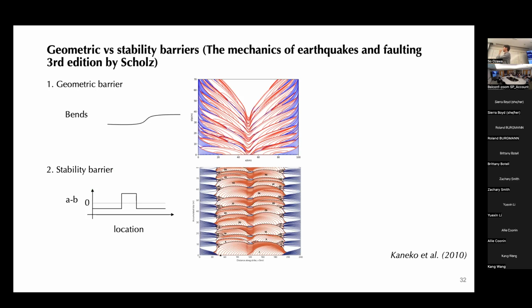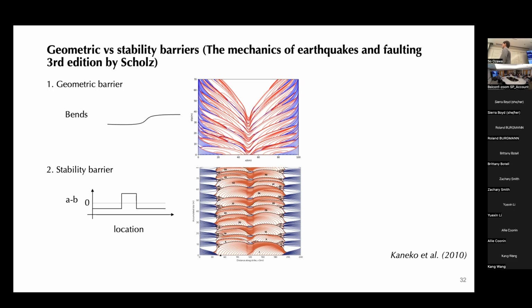The geometric barrier is like the fault bend that I explored in this study. The stability barrier is also explored in many numerical simulations like Kaneko et al. 2010. They put positive A-B, which is velocity strengthening rheology, in the fault system within the overall velocity weakening fault, and ran the simulation.